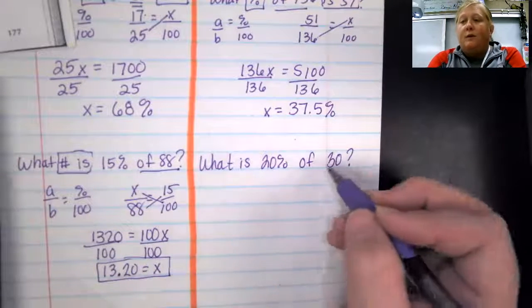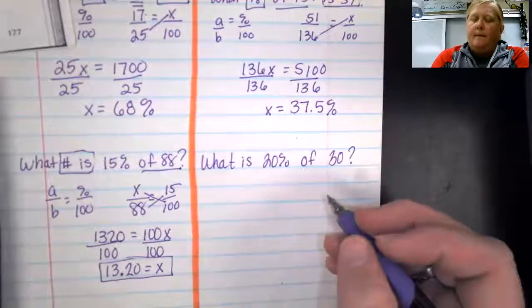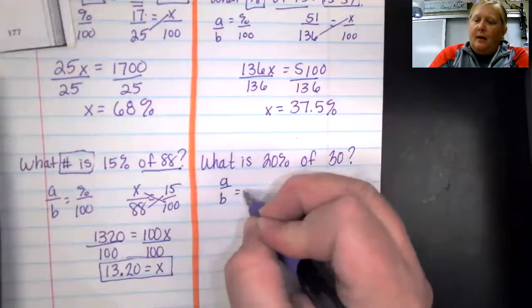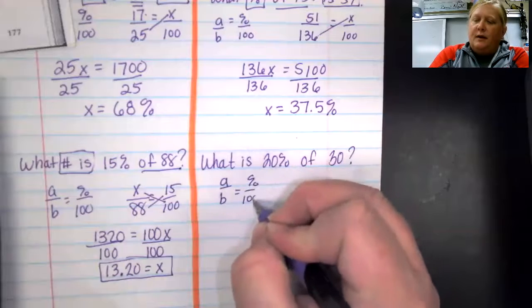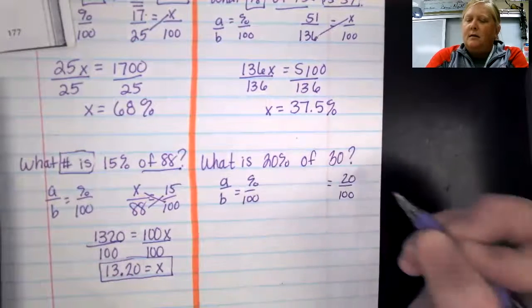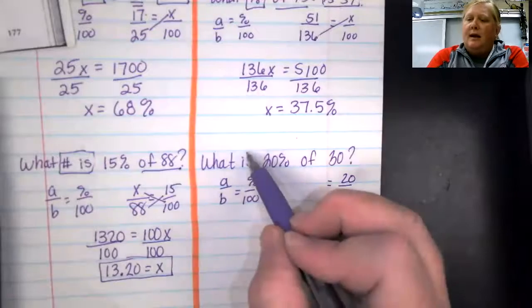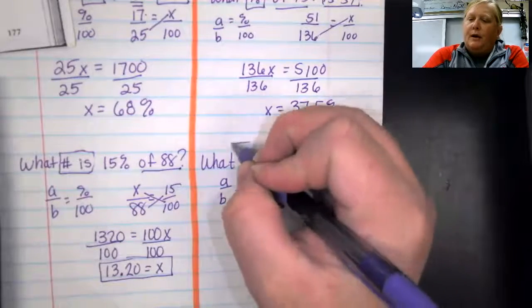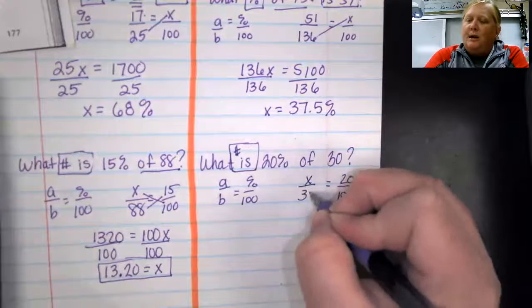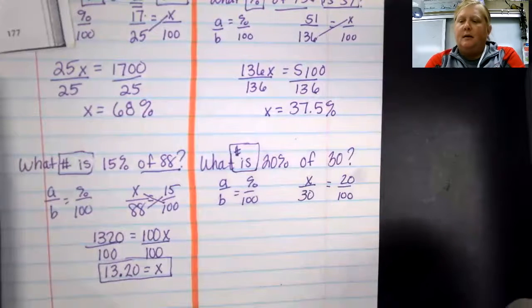So you're trying to find what 20%. A over B equals percent over 100. So do your easy part. I know 20%. The number is the part I'm missing, but I know that my jeans cost 30 bucks.